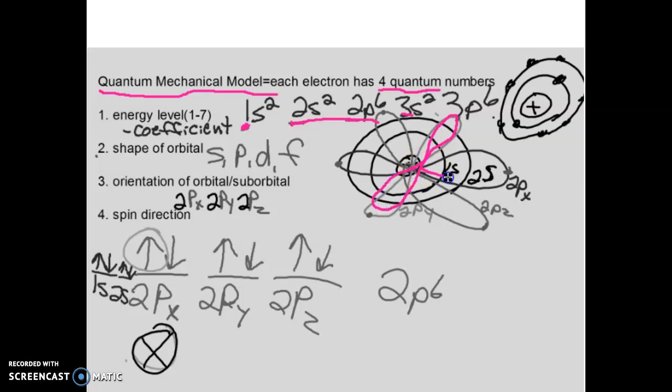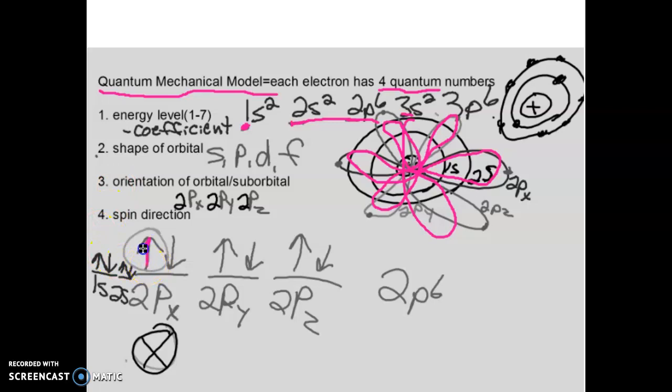Another p orbital is going from left to right, that's another plane. The third p orbital is going from front to back. So they're all on different planes. So orientation is what plane those orbitals lie on.